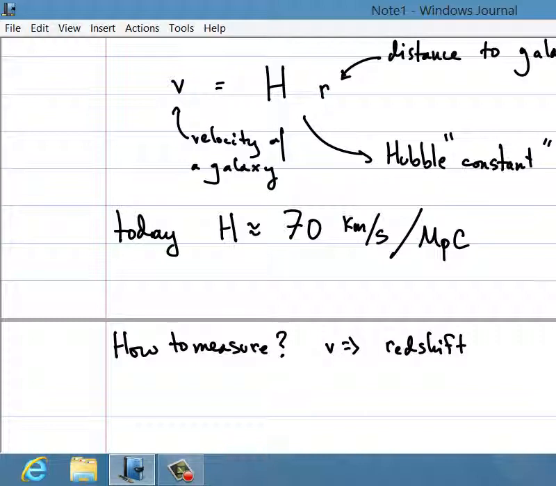And so what Hubble did is he measured the locations of those spectral lines, the frequencies of those spectral lines, and he saw that they were altered somewhat for distant galaxies, and that more and more distant galaxies were more and more redshifted.